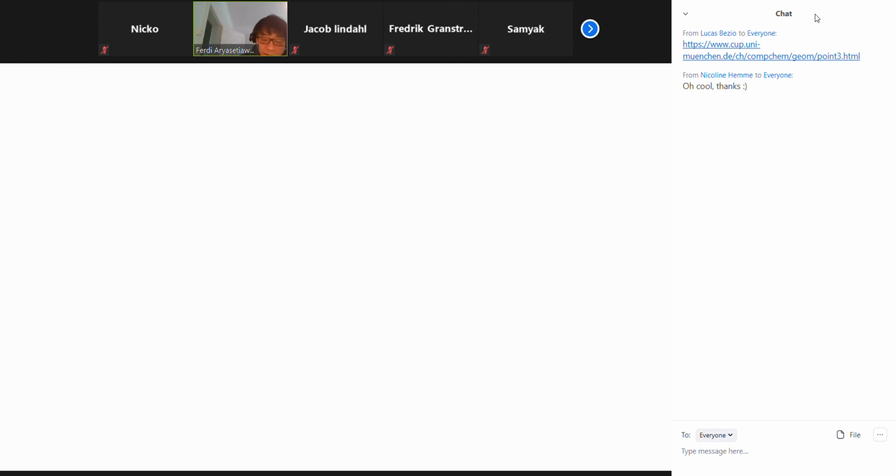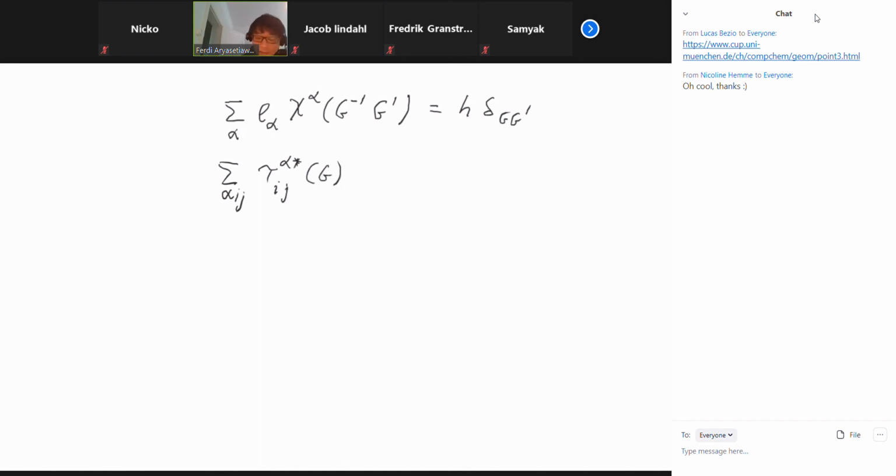So we want to show that the sum over G of chi of G to the minus 1 G prime is equal to chi of G prime. So this exactly follows directly from what we derived before. So let me do this quickly. Again. Finish this.